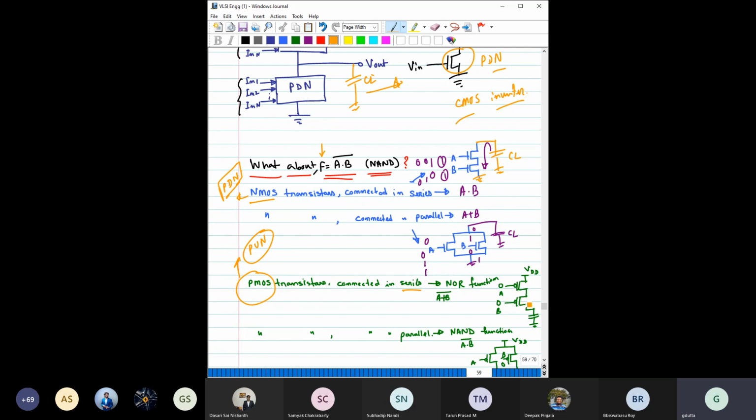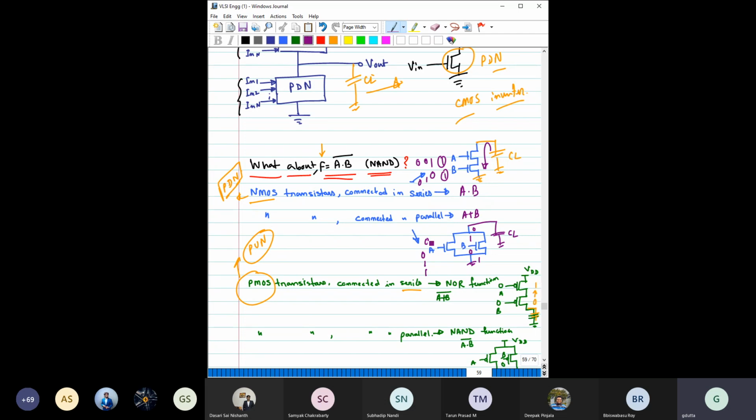This is one PMOS, this is another PMOS, and this output is connected with this CL. This output, the CL, has to be charged. It can charge when both the MOSes are on, that is, only when you apply 0, 0. Then both these PMOS are on, and only at that moment can the output switch from 0 to 1.